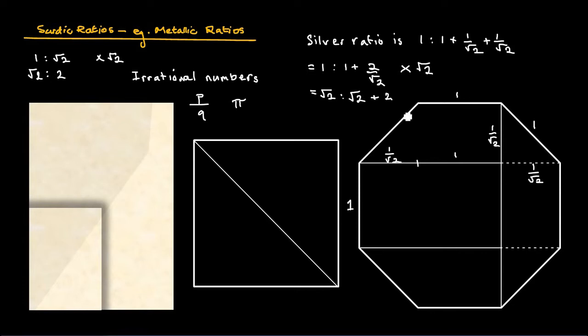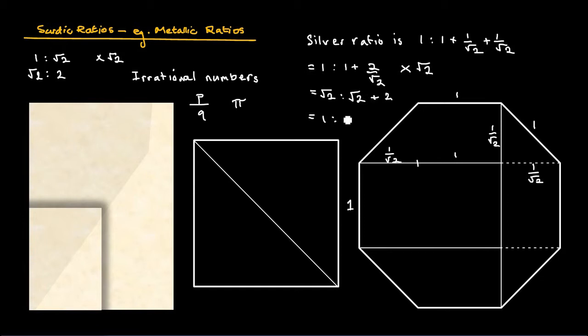But what I want to do is really fairly simple. If I wanted to express it as 1 to something, I can simplify this in a different kind of way. Let's have a go at that.